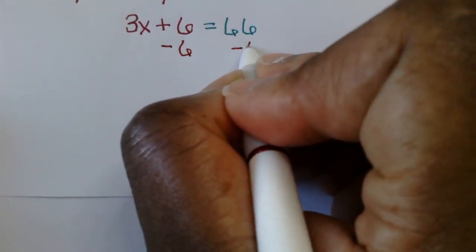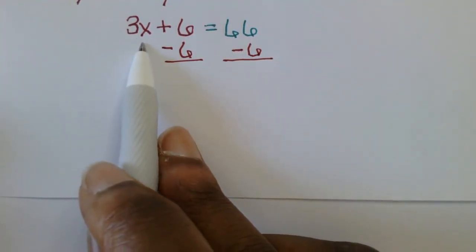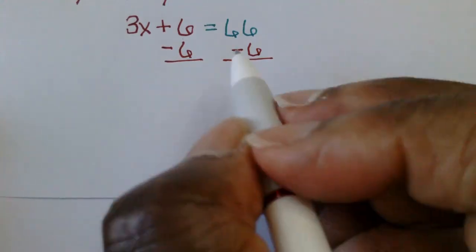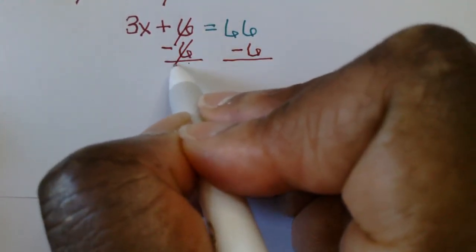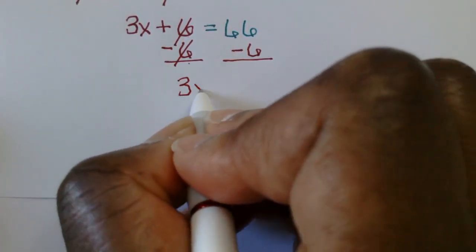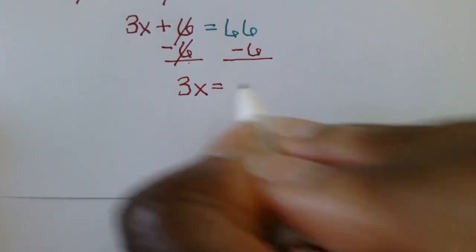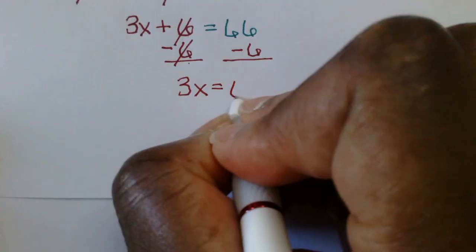The reason why I'm subtracting 6 on both sides is so I can isolate my variable, because that's what we're trying to do. We're trying to solve for x. So 6 minus 6, that gives me 0. But I'm going to bring down the 3x. So 66 minus 6, that gives me 60.